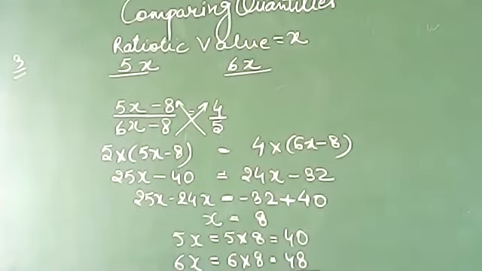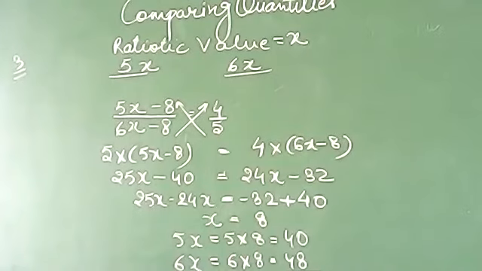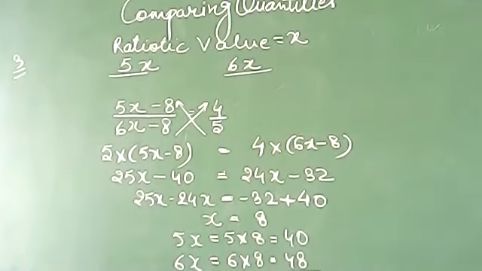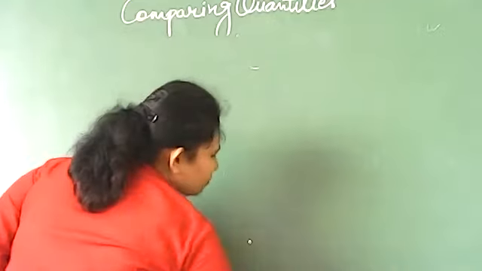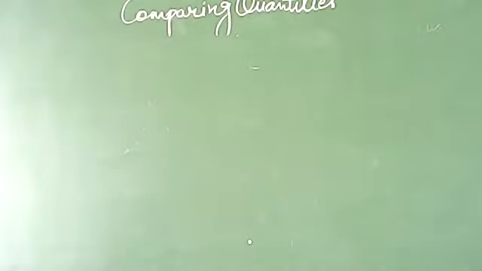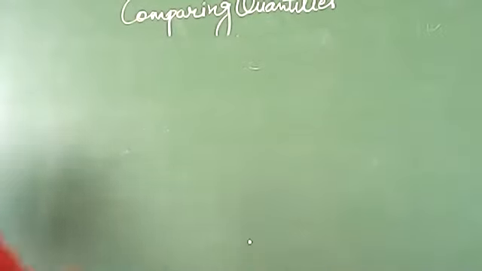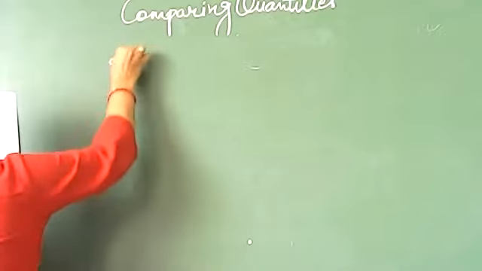So the last question of this exercise is: an electrician sells a room heater for rupees 322. Once again I am reading it. Electrician has sold a room heater for rupees 322. Sold means SP.